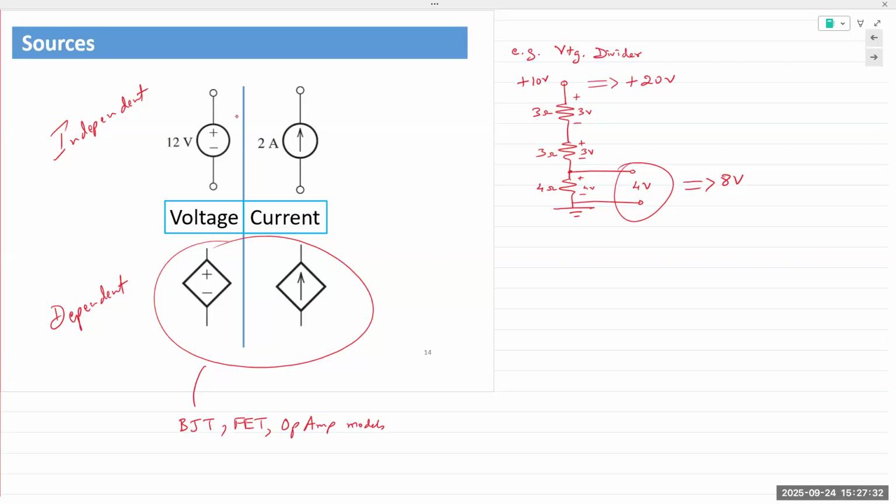Just as a generic question, as an EE, what makes a source a voltage source or a current source? Have you ever seen a current source, by the way? Anyone? Nobody has seen one? Seriously? You've been in labs, in the EE labs? All right, glad I'm doing this slide.